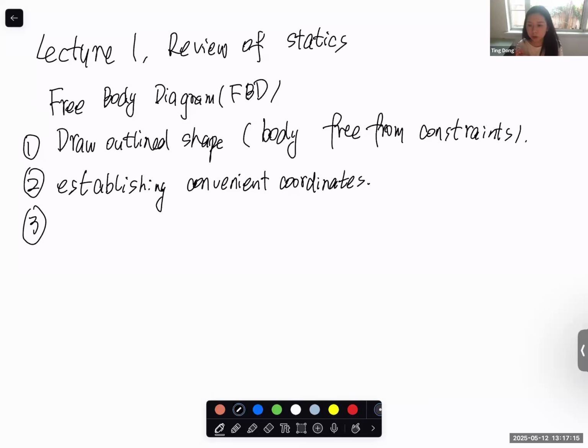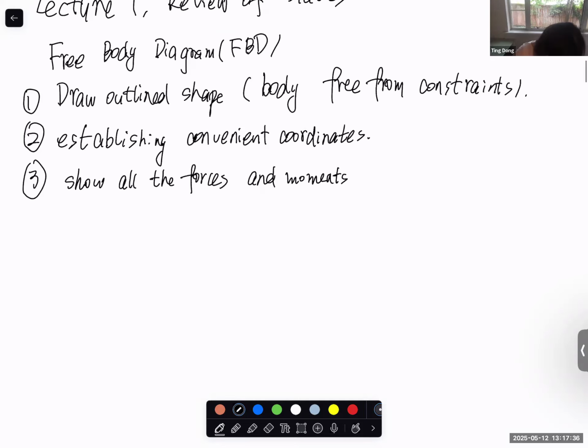The third one is to show all the forces and the moment. The first one, of course, is the external applied force.